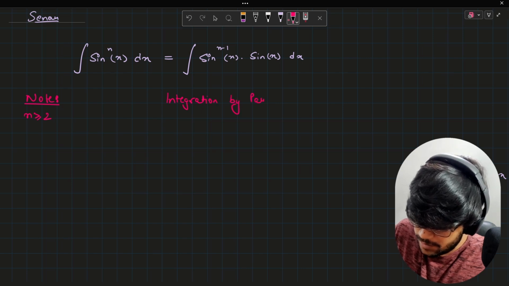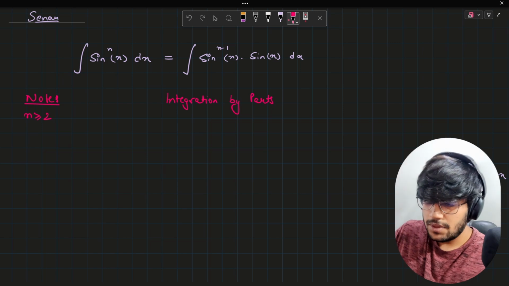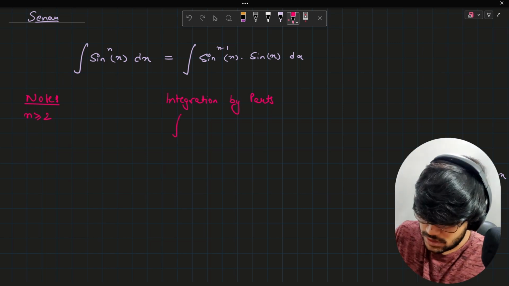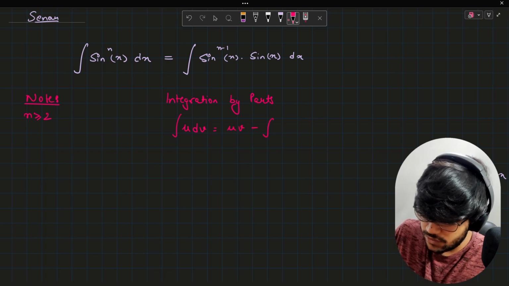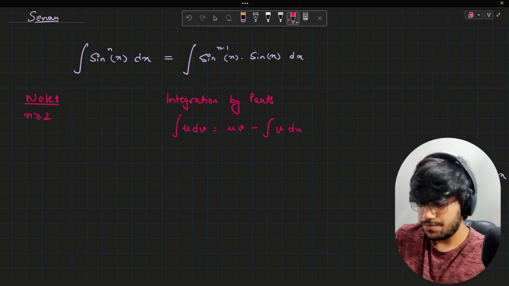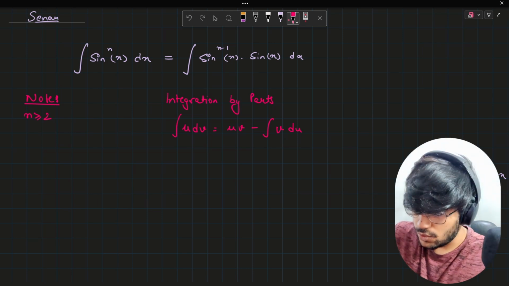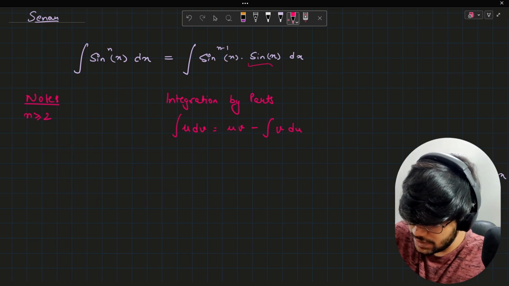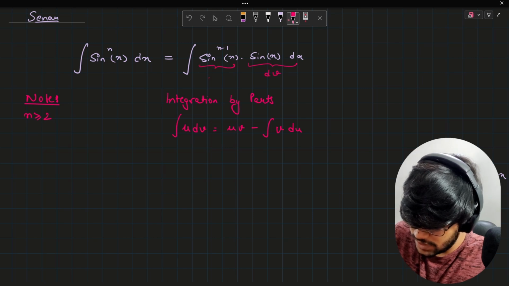by parts. Fine. So what is integration by parts? Integral of u dv is equal to u times v minus integral of v du. So we'll take this as dv, take this as u.